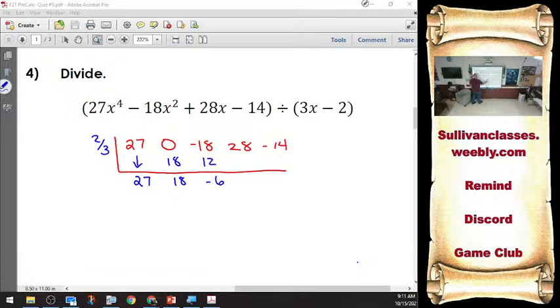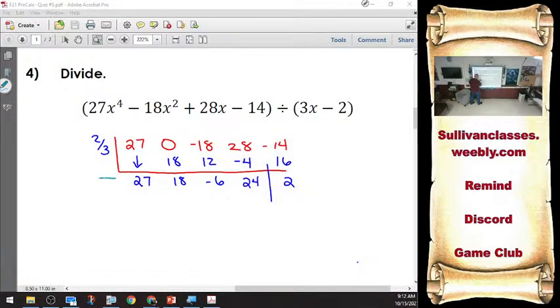Add them. 1/3 of -6 is -2, times 2 is -4. Add them. 1/3 of 24 is 8. 8 times 2 is 16. And remember, some books like to have that little dividing line there, separating out your remainder.